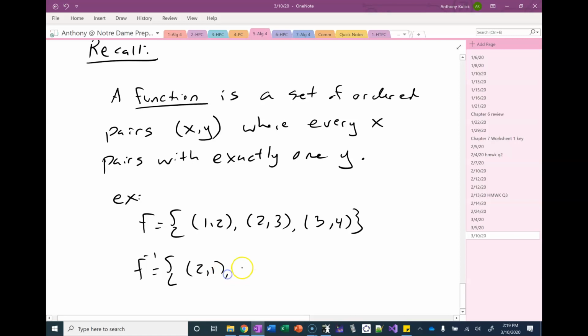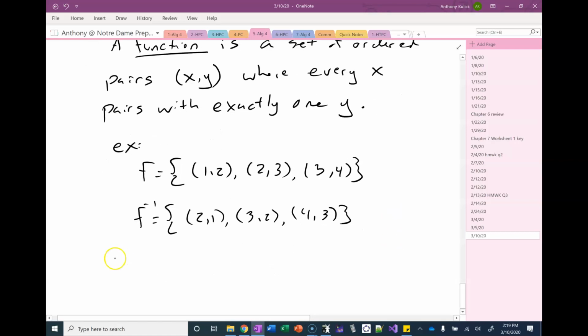2, 1, 3, 2, and 4, 3. So when we talk about an inverse function, we're talking about swapping the x's and y's, right? Everybody kind of remember that? And now this is easy to do if our function is described as a list of ordered pairs, but we know functions don't have to be described that way, right?